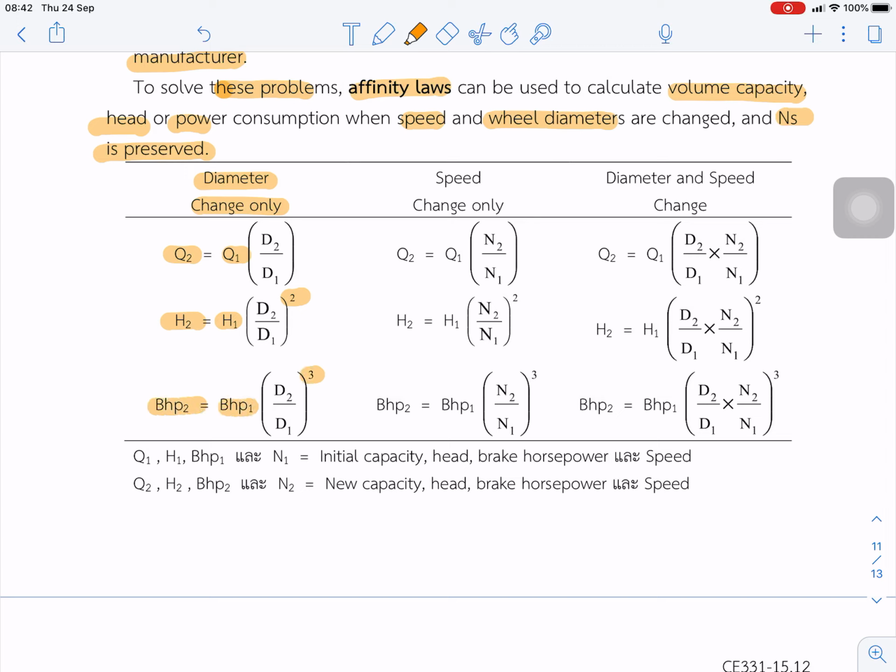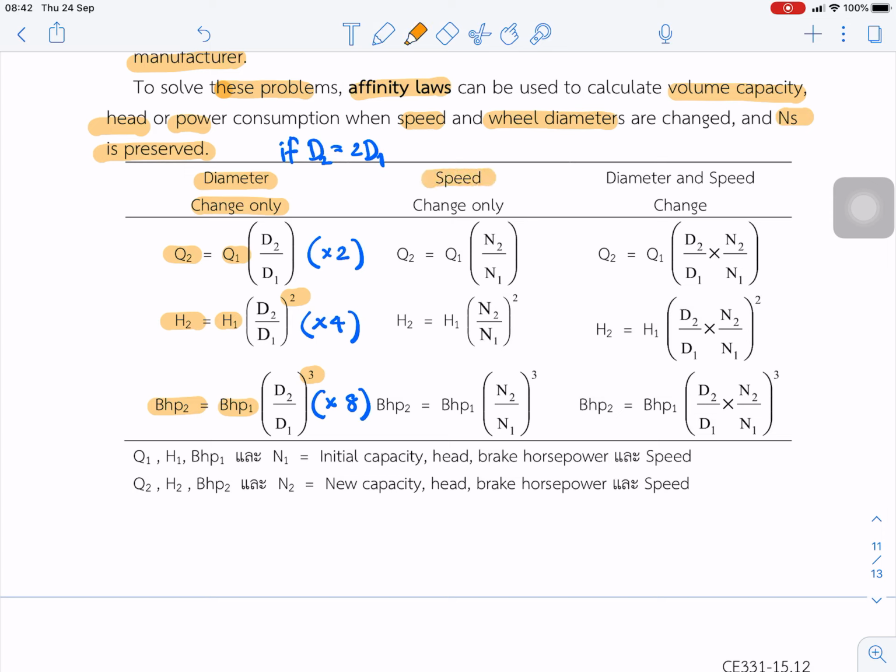For example, if we assume D2 is double D1, in this case we expect Q to increase by 2 times, head to increase by 4 times, and brake horsepower to increase by 8 times.